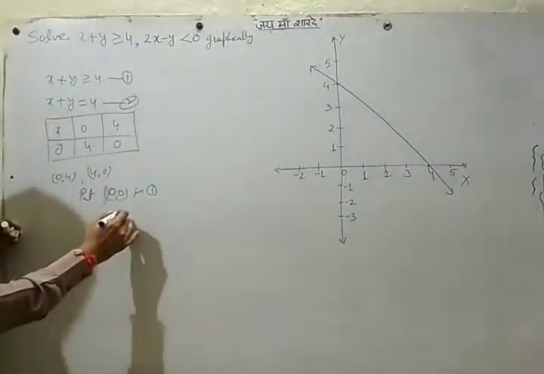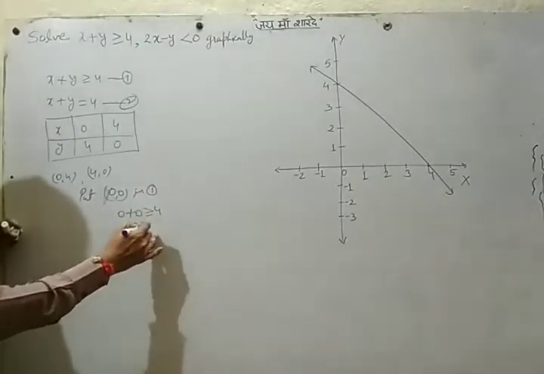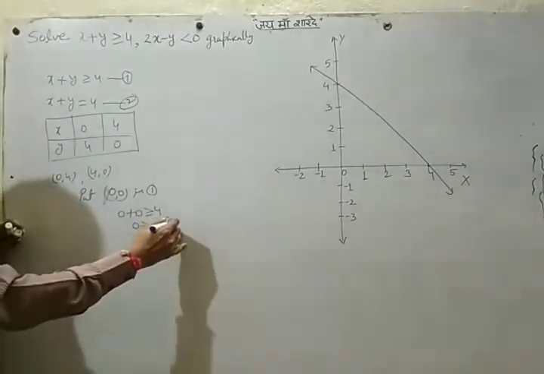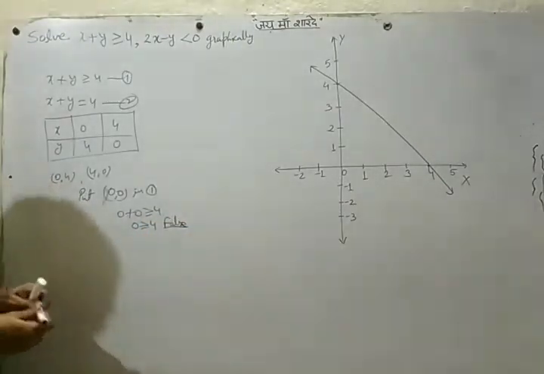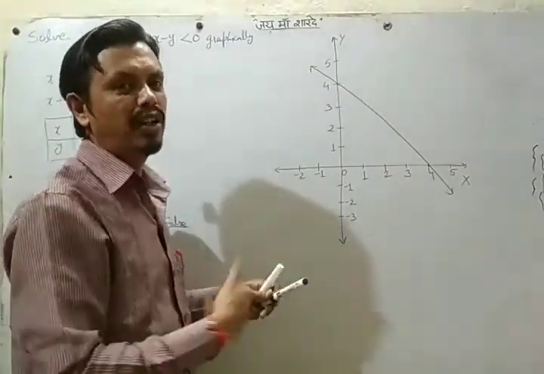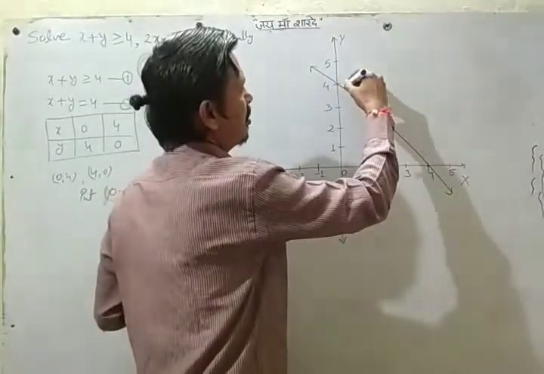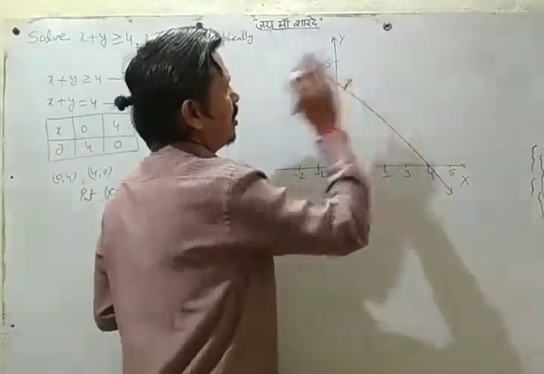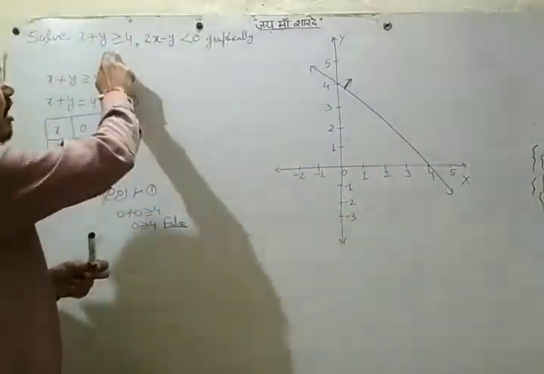Putting (0, 0), we get 0 plus 0 more than or equal to 4, means 0 more than or equal to 4, which is false, not true. It means the region which does not contain the origin will be our solution, means above this line. So this is our solution for inequation 1, above that side, including this line because there is equality.